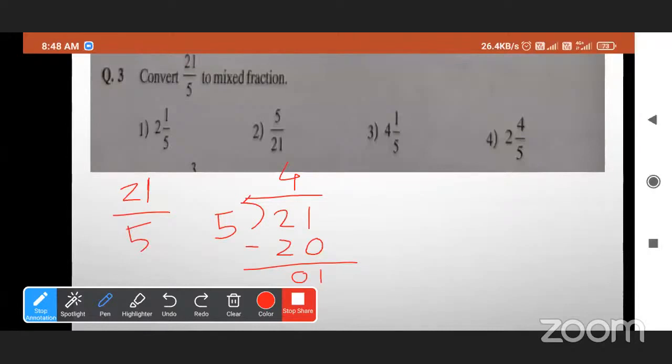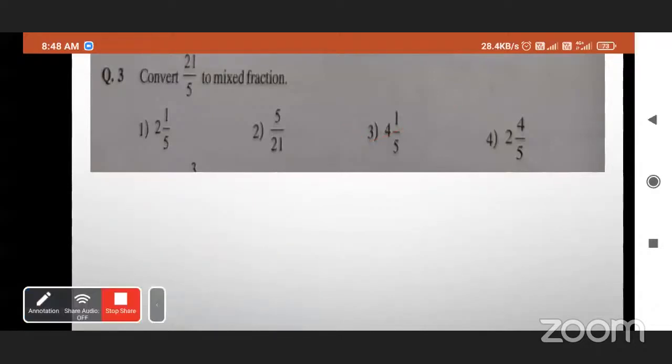The whole number is 4, and the denominator is 5, and the numerator is 1. So which one is the correct answer? Third option. Very good.